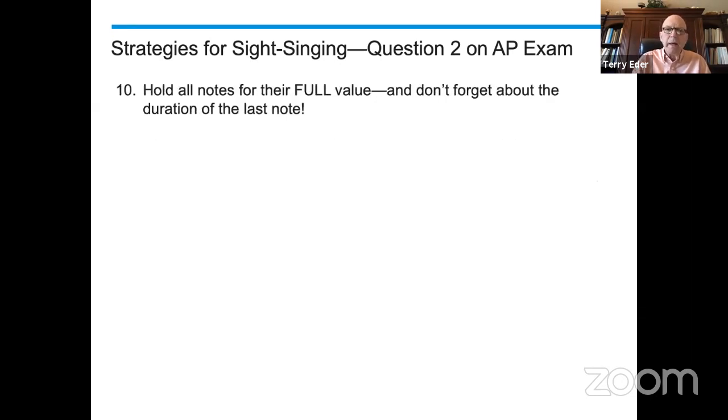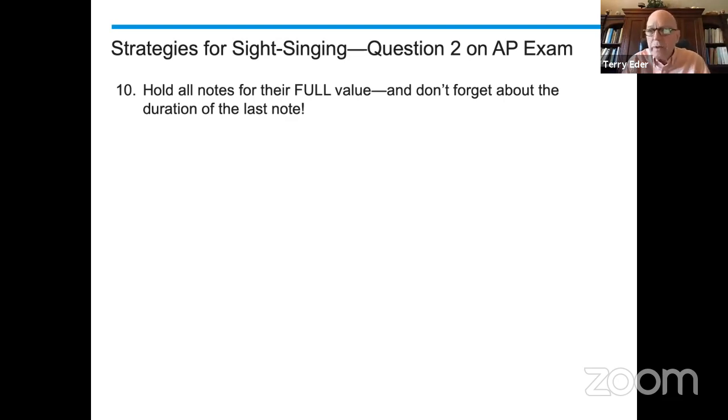All right. And number 10, hold all notes out for their full value. And here's something real important. I heard this so often when I was scoring. Don't forget about the duration of the last note. Last summer, I heard so many students who would get to that last thing, and it was almost kind of like, oh, I made it, and then they would stop that last note without holding it out like it's supposed to be.